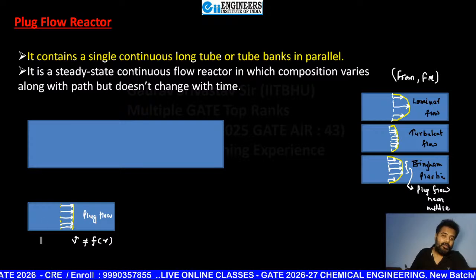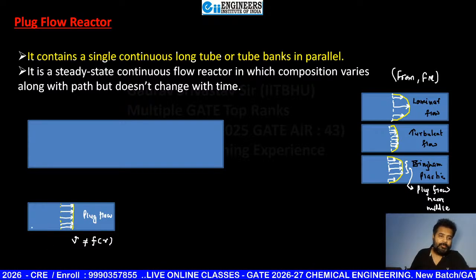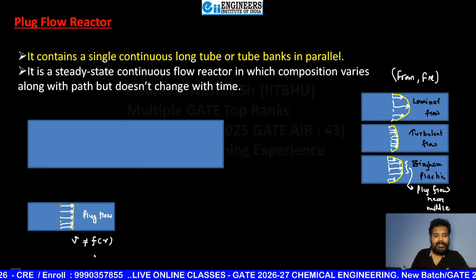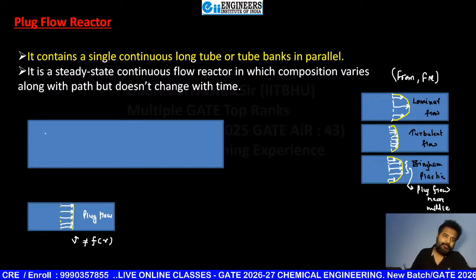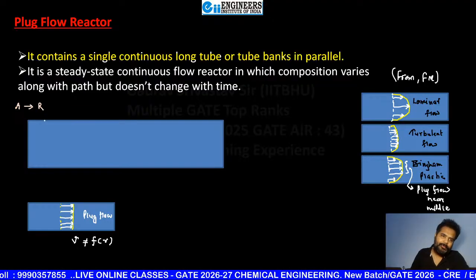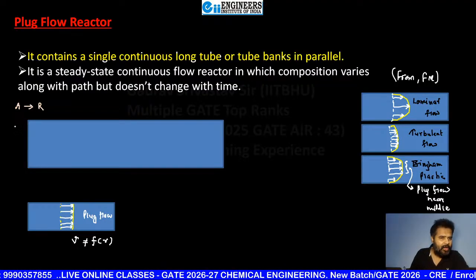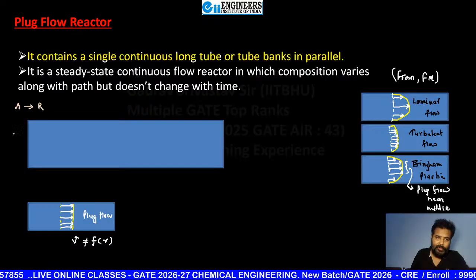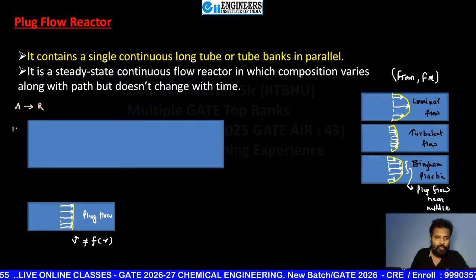See, suppose a reaction is happening there, and suppose A is forming R. A simple reaction I am writing, A is forming R. Initially, suppose you are feeding A here as 100 mole per meter cube.